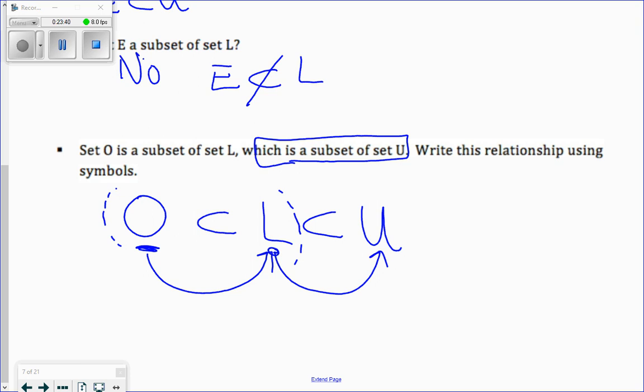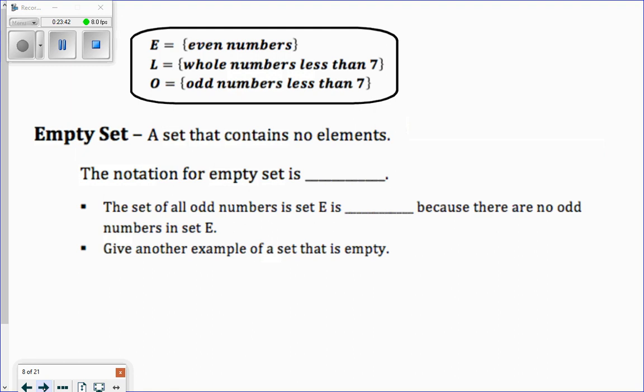Okay. So I mentioned this one to you yesterday, and that is the empty set. The empty set is 0 with a line through it. The empty set is a set that has no elements, right? There's nothing there.